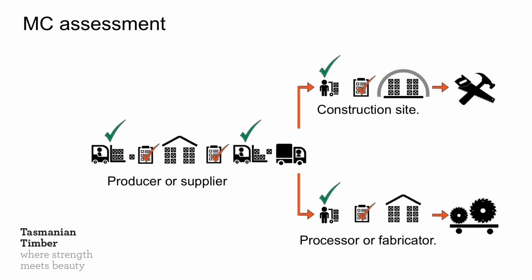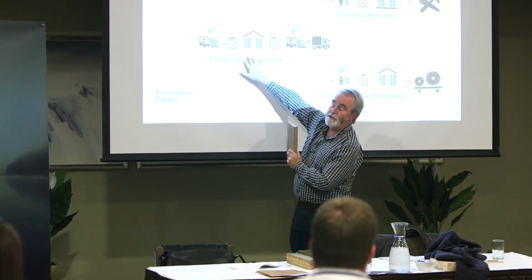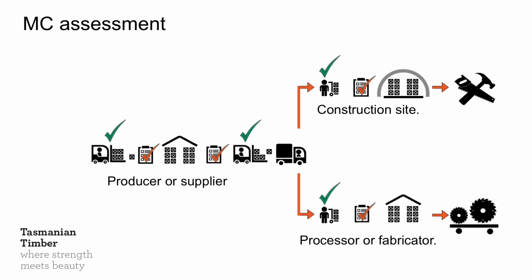So let's say there's a miller down here, they're dispatching material, it's arriving at a producer or distribution agent, whatever. They want to check moisture content when it gets there. There are guidelines for how regularly you should test it. There are videos and guides on what you should be looking for and how you should measure it.